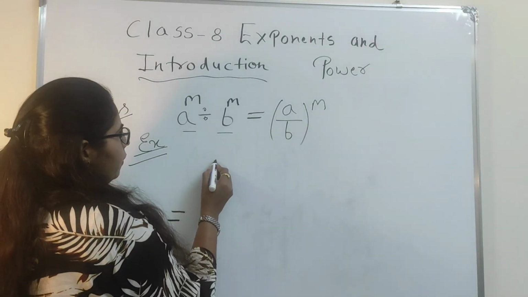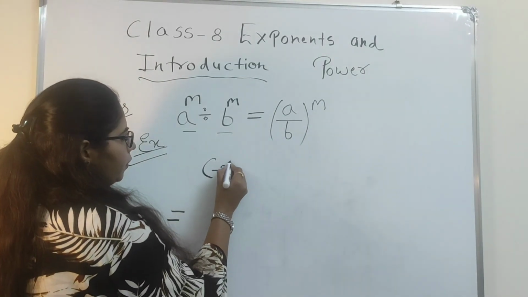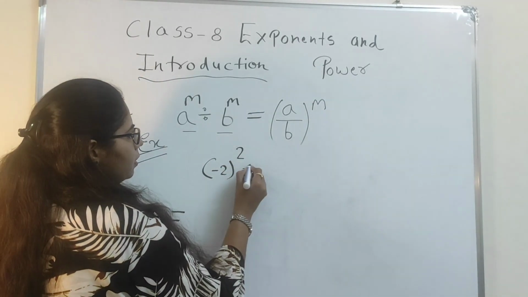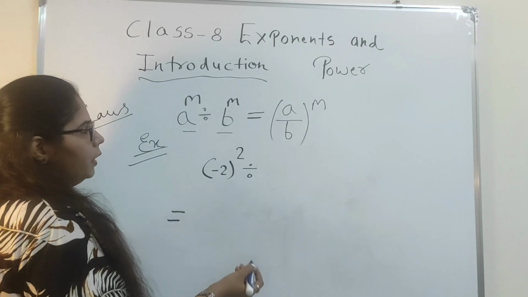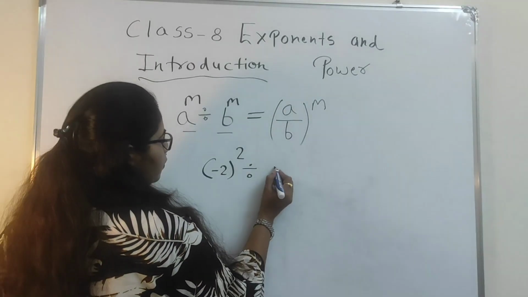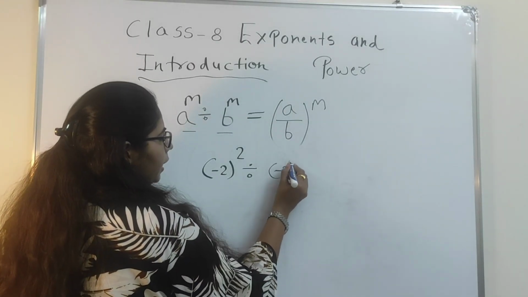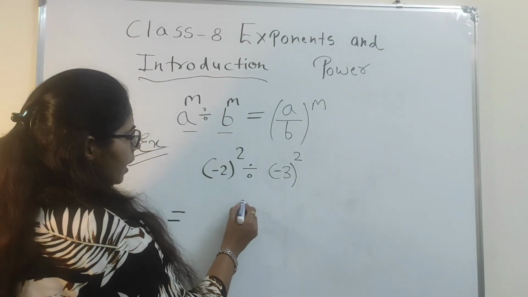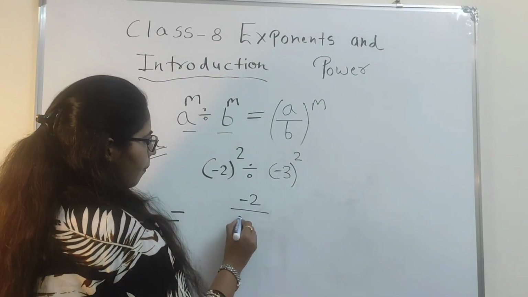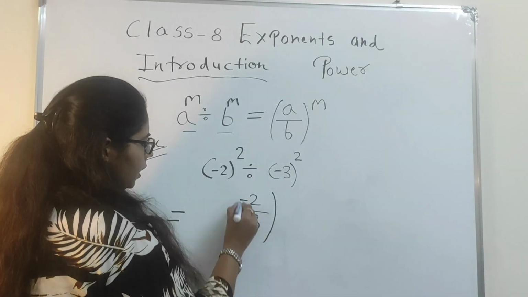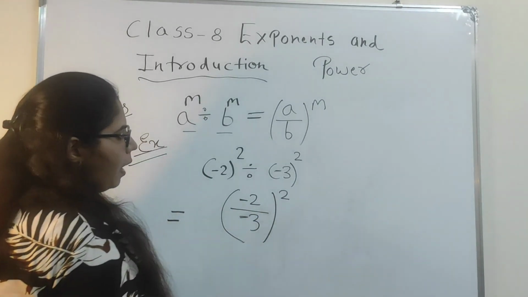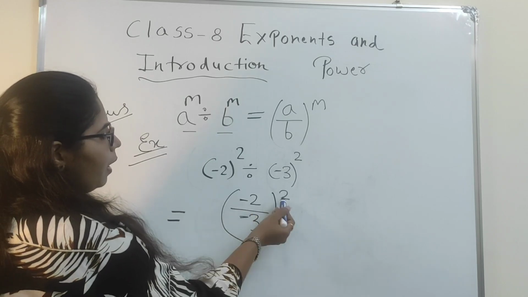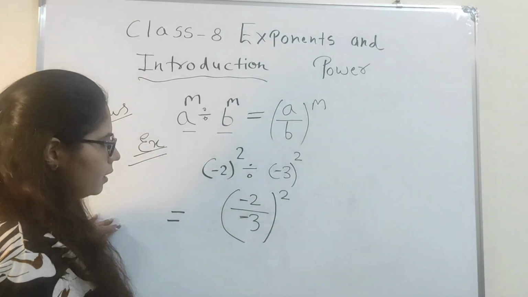Suppose a is given negative 2 to the power 2. We have to divide with negative 3 and the power is same. So I will write it negative 2 upon negative 3 to the whole power 2. See, a upon b to the whole power 2, because the power is same.